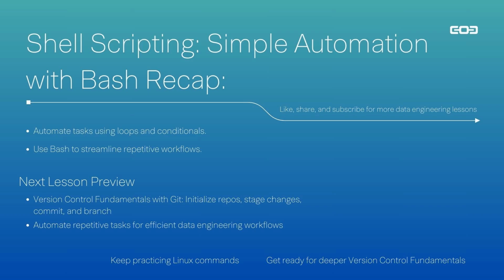Thank you for joining me for this deep dive on Linux basics, shell scripting, simple automation with bash, loops, and conditionals. In the next lesson, version control fundamentals: initializing repos, staging, committing, and branching, we look at how to track changes to those scripts and all sorts of code using Git, ensuring we don't lose work and can collaborate effectively.